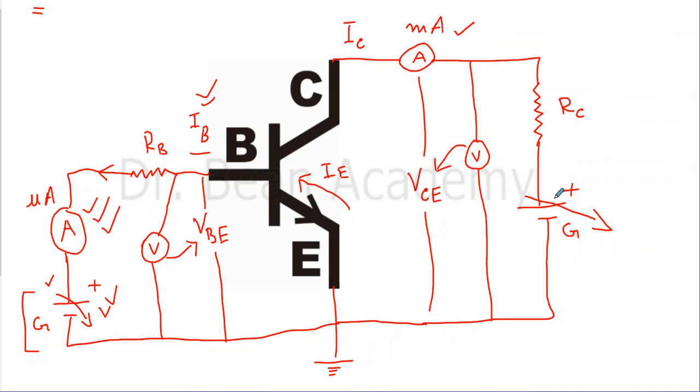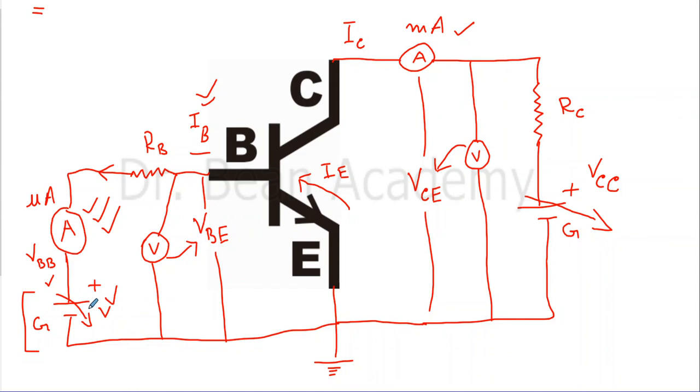Here I have applied a power supply across the collector and emitter, which we sometimes call VCC, connected with the collector. Similarly, the power supply connected with the base, we can label as VBB, and we get a huge current gain in this setup.